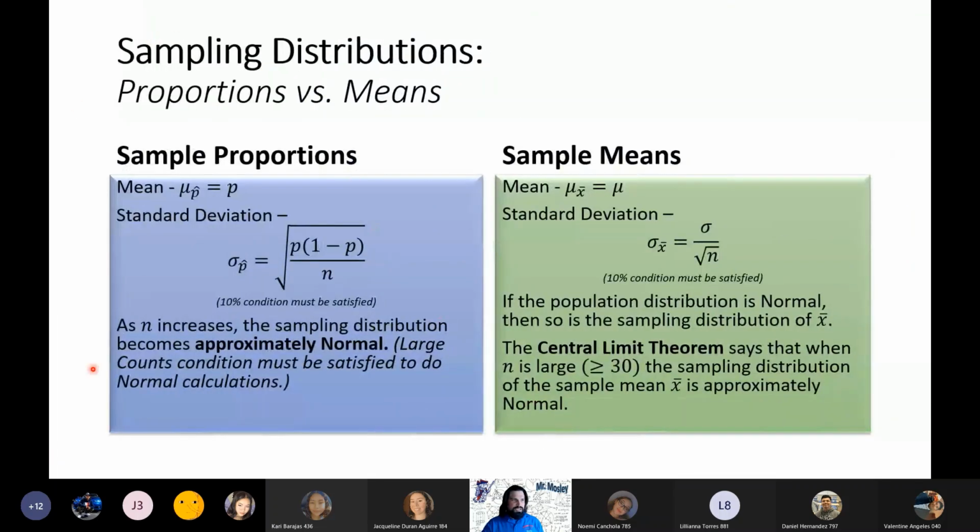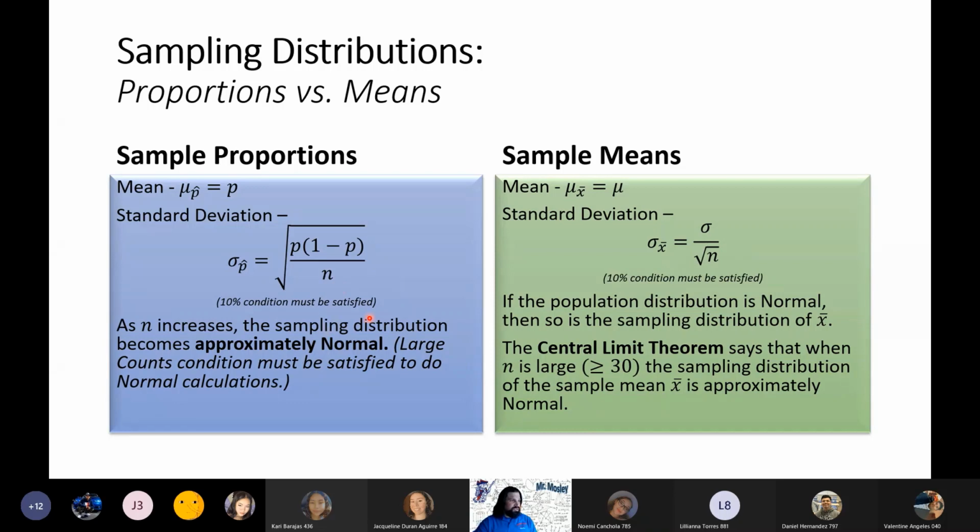So then to put this in a quick synopsis, for sample proportions, the mean of p hat, the sample proportion, is equal to the parameter p, whatever the proportion was from the population. The standard deviation of p hat, as long as the 10% condition is satisfied, is the square root of p times 1 minus p over n, where n is the sample size.